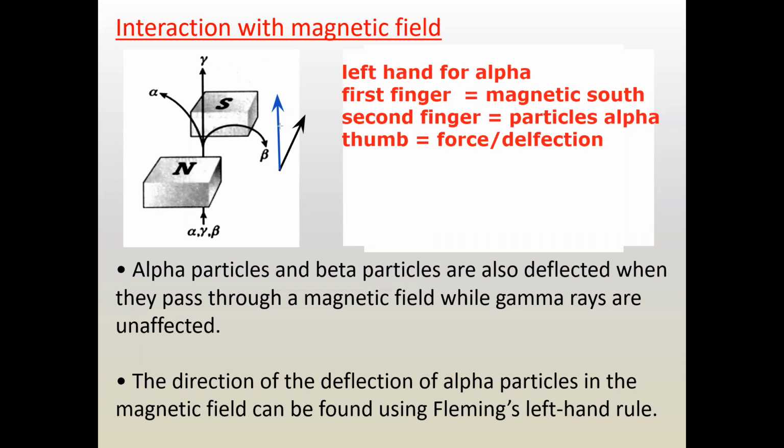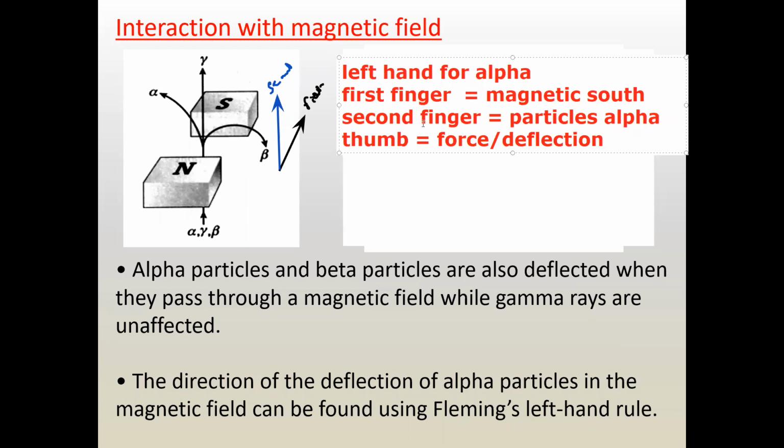Which direction is your thumb pointing automatically? The index finger is pointing into the screen, and your second finger is pointing up, the direction from which the alpha particle is coming. Where is your thumb pointing, towards the right-hand side or left-hand side, when you apply the left-hand rule?